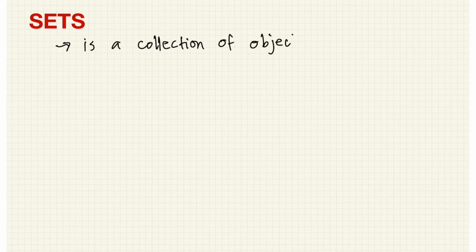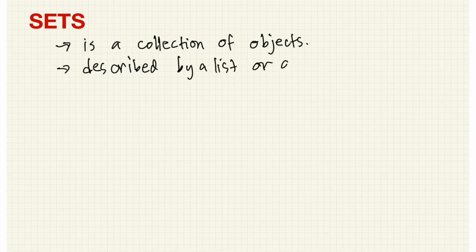Hello guys. Today we will be discussing sets, and this is just a quick review of what we have discussed the other time. First we define what a set is. A set is a collection of objects, and it is described by a list or a rule.